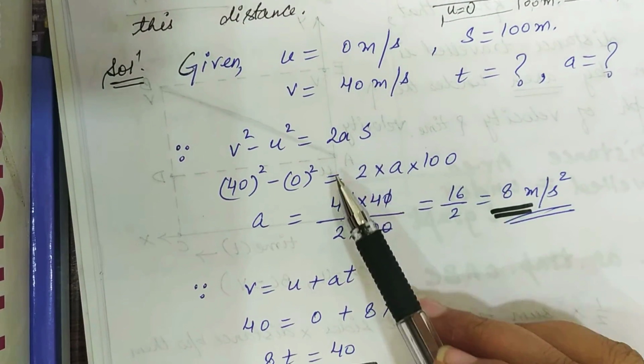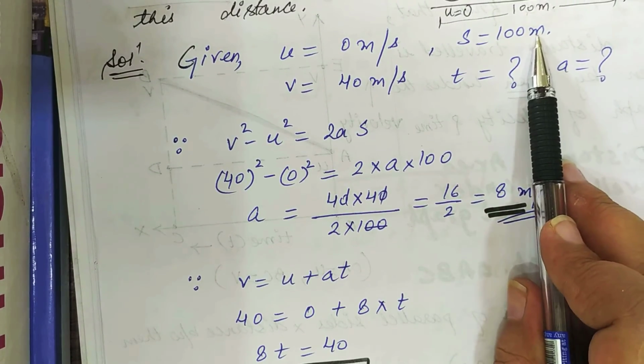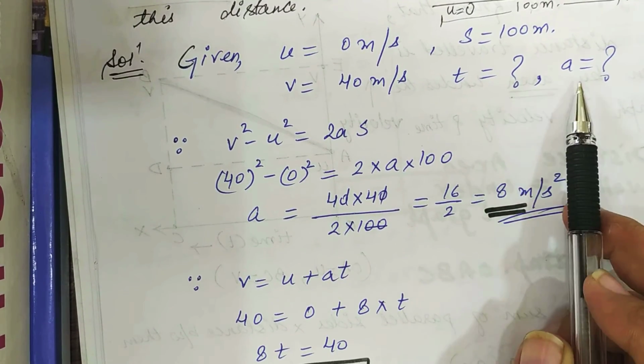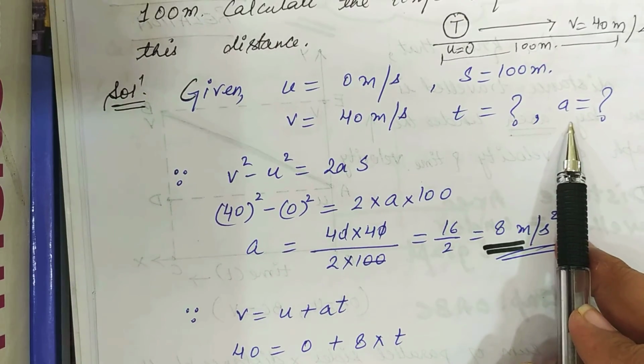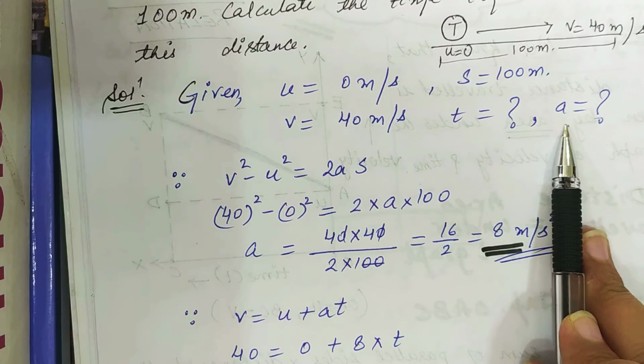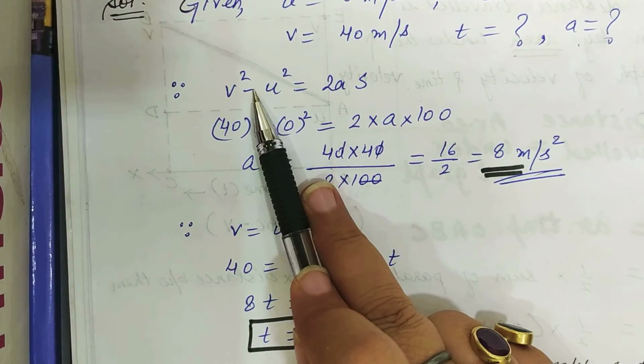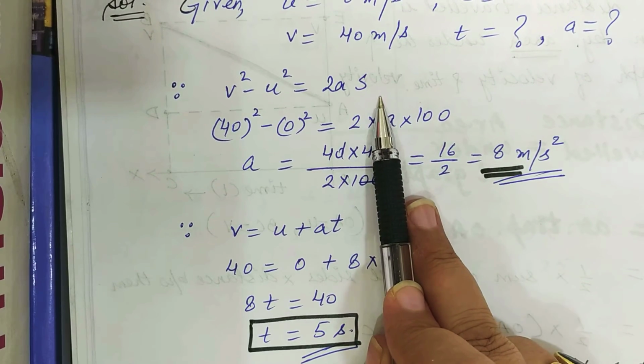So U is 0 because it starts from rest. V is 40. S is 100. T you need to find, and acceleration also you need to find, because in order to find the time taken we will need acceleration also. So applying the third equation, just now we have studied, v square minus u square is 2as.